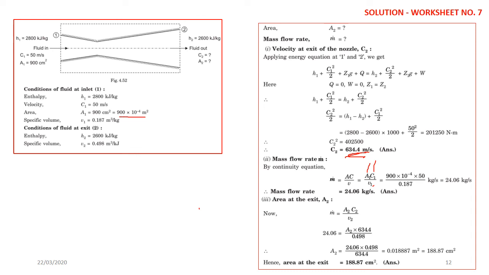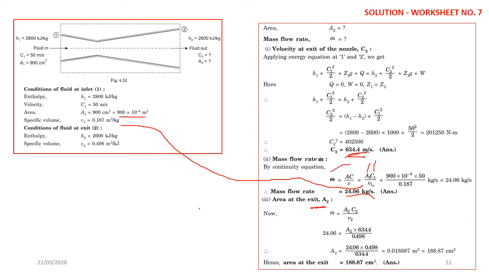A1 is given in meter square, 910 power minus 4, C1 is given 50 meters per second, and V1 is given in the problem. You know area A1, you know C1, you know V1. So we got mass flow rate is 24.06 kilogram per second.